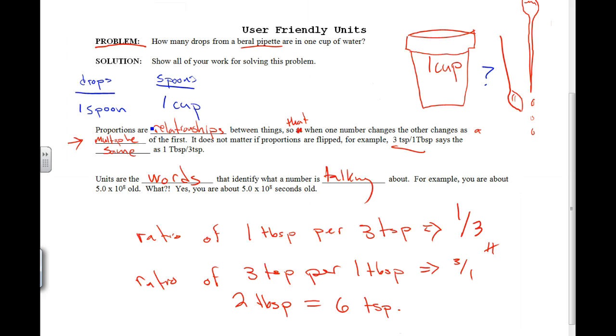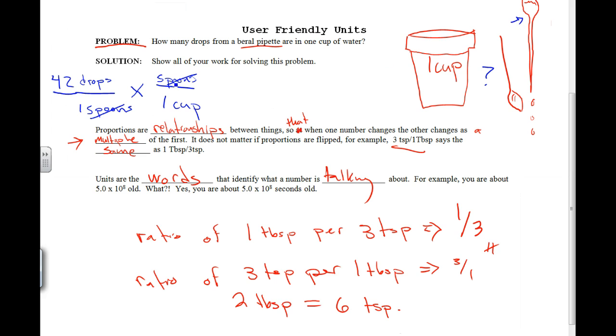All right? Now, if you remember math, if I multiplied these two numbers, I have spoons on top and spoons on bottom. Put an S. So whatever's on top, the unit will cancel out. So let's say that it took, I don't know, 42 drops to fill up 1 spoon from my pipette.